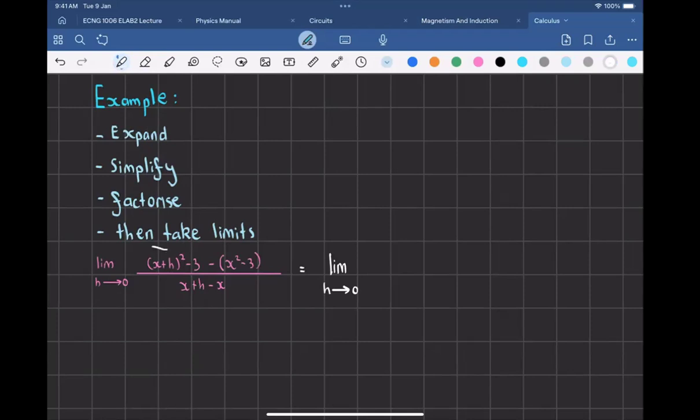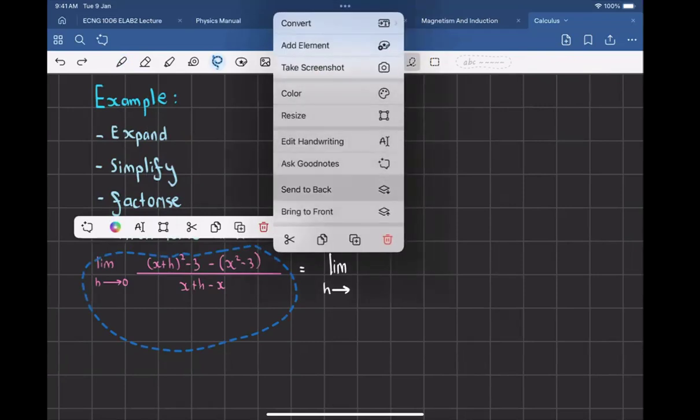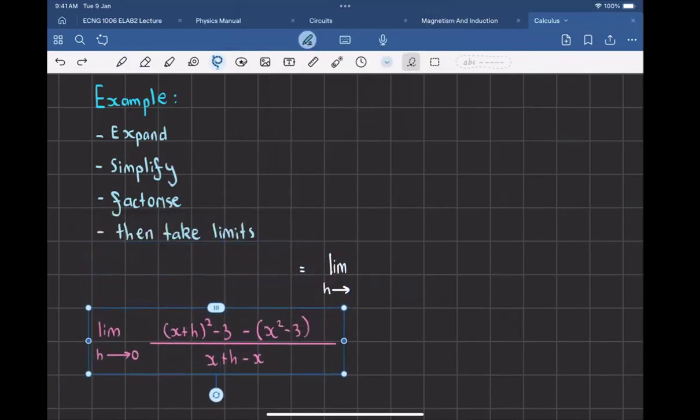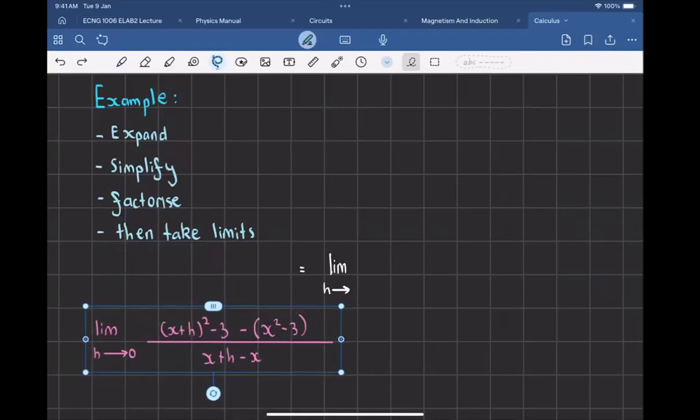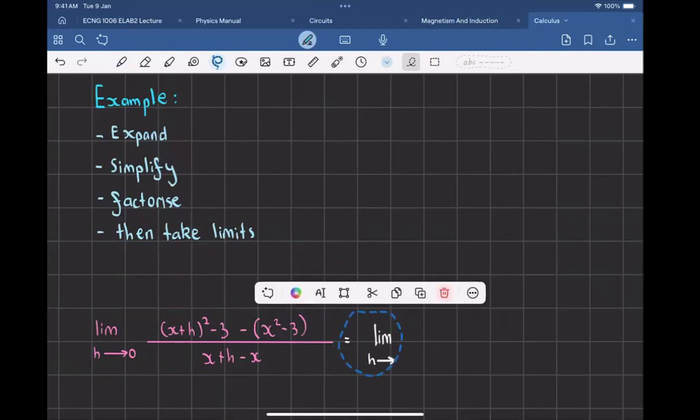Look at the expression: x plus h squared minus 3 minus x squared minus 3. We had to expand. Yeah, you had to expand before you could simplify.